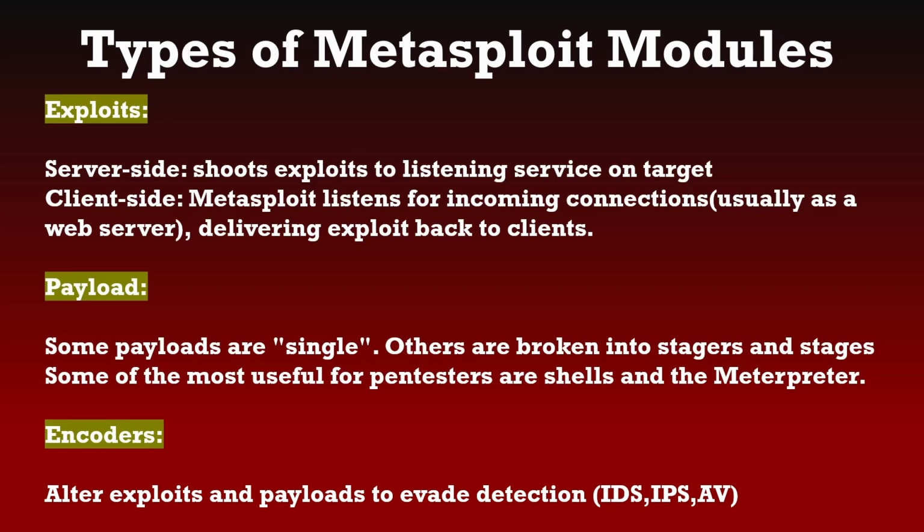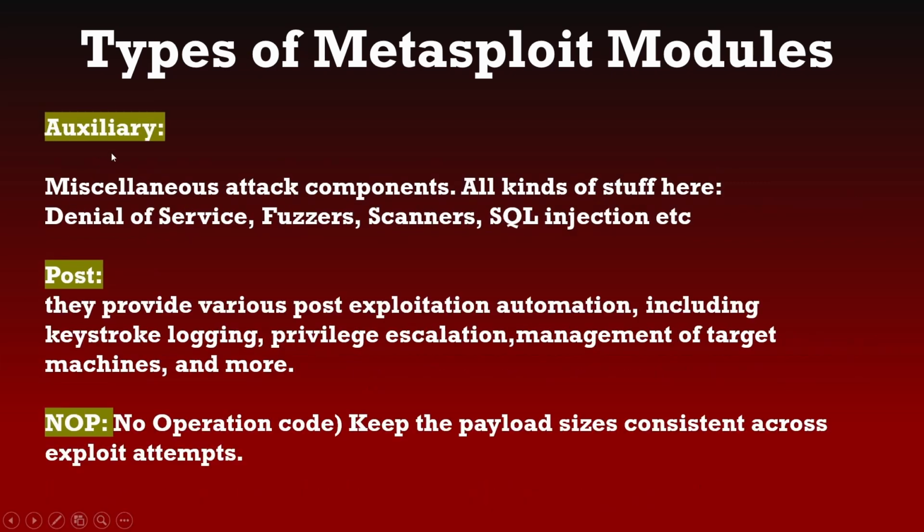Next module is encoders. These provide a variety of different mechanisms for altering the payloads and exploits to make them difficult to detect by the IDS, that is intrusion detection system, IPS, intrusion prevention system, and antivirus tools. Fourth module is auxiliary.